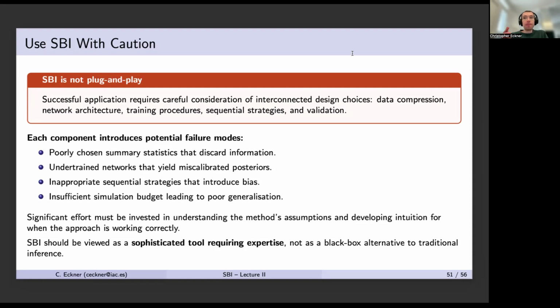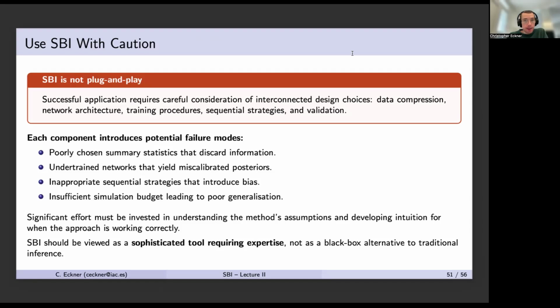And you should first check on simulation examples that you know, that you can even compress with handcrafted statistics where you know what the answer should be in terms of parameter inference, in order to verify that what you are going to do makes sense.